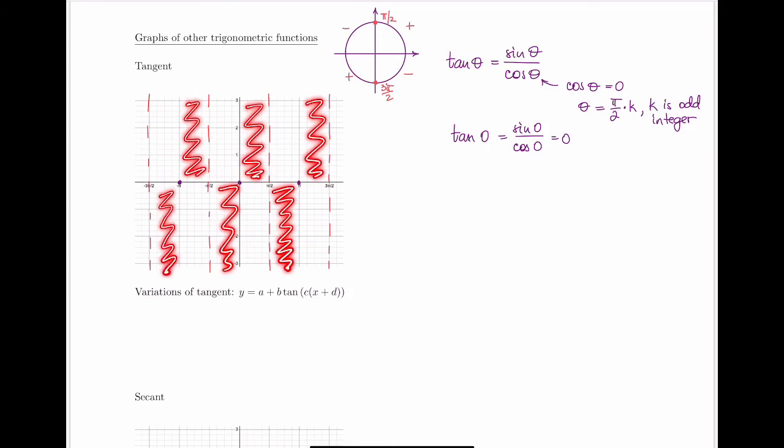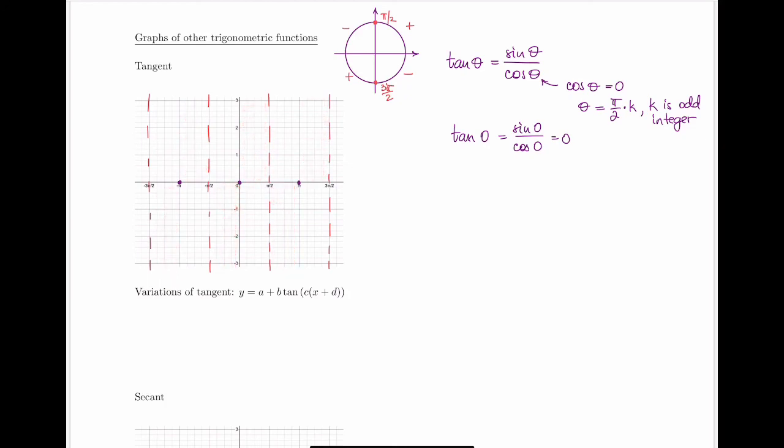So we can already see a periodic shape forming every pi, and that is in fact the period of the tangent function is pi. The other thing to watch out for, of course, is the domain.